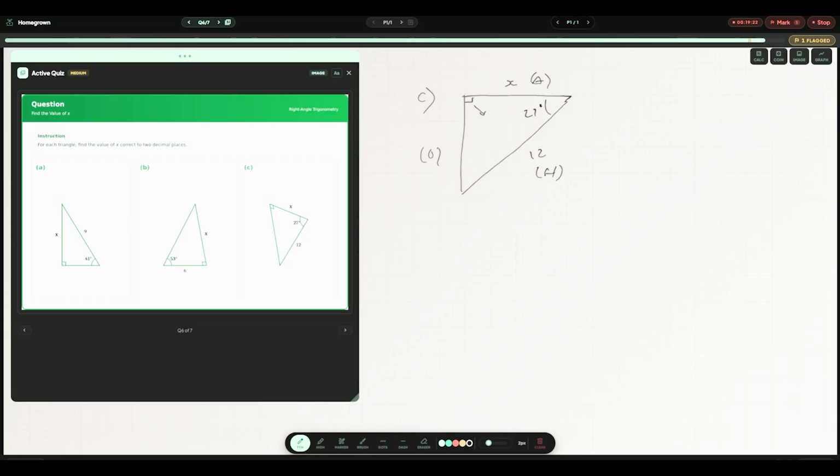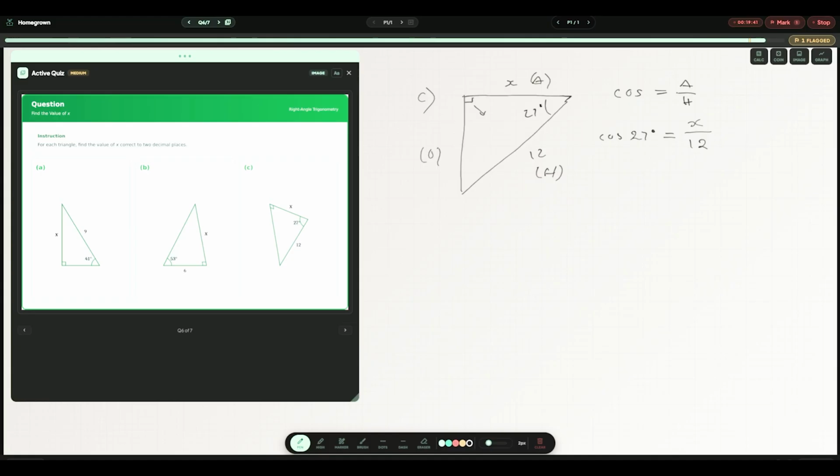We just need to work out what trigonometric ratio we should use. So the first one we would go to is going to be cos. So cos is equal to adjacent over hypotenuse. That means that cos of 27 degrees is going to be equal to x over 12.